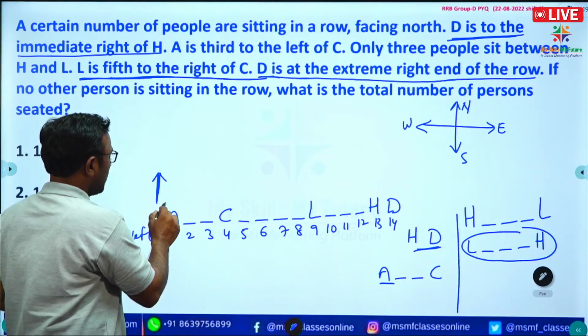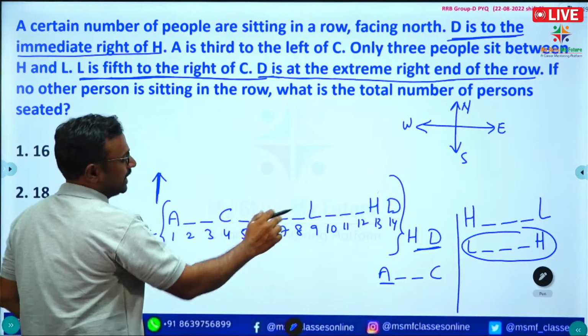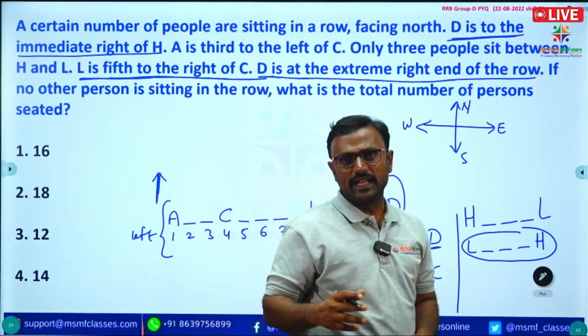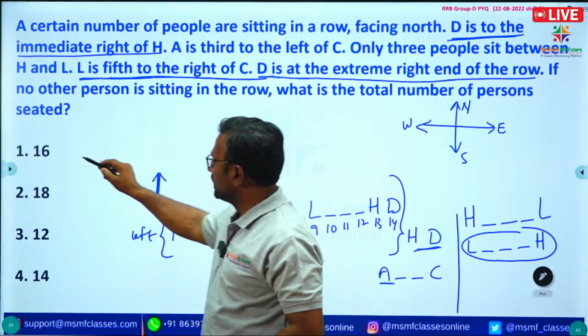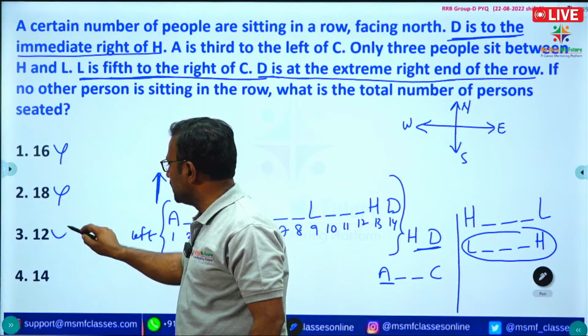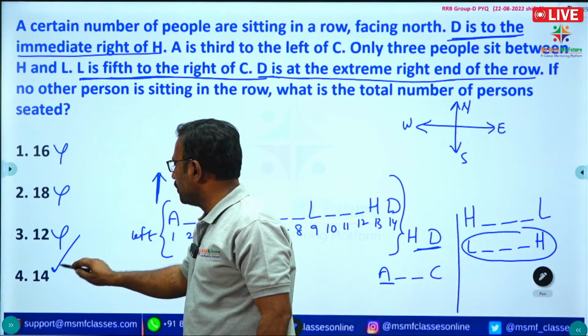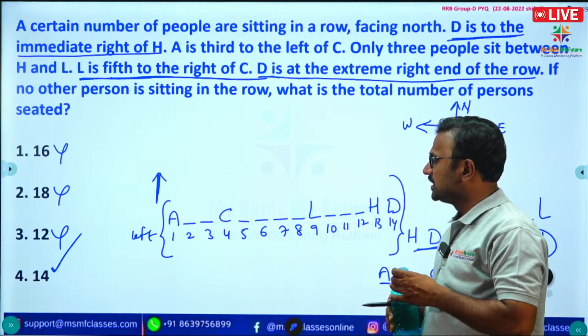So 14 people are seated in the row. Option 1, 16 is wrong, option 2, 18 is wrong, option 3, 12 is wrong, option 4, 14 is correct.